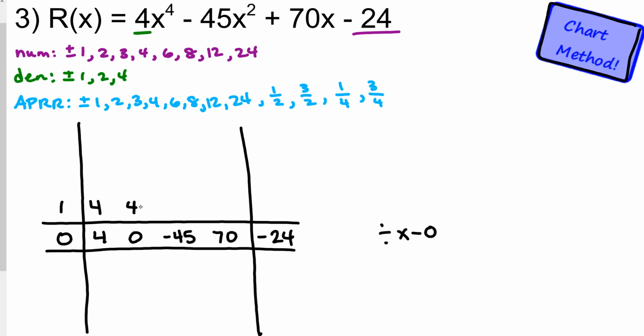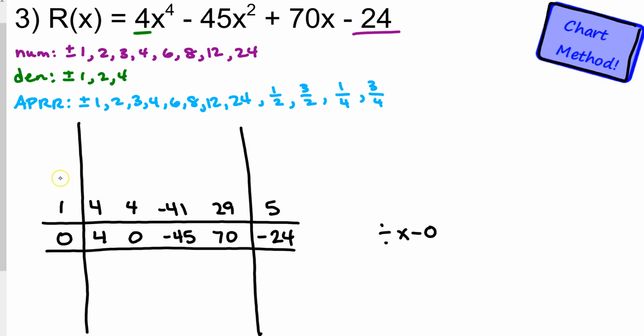Now that 4 times the number in the box is 4, plus the next number is going to be negative 41. Negative 41 times the number in the box is negative 41, plus the next number is 29. 29 times the number in the box is 29, plus the next number is 5. So the remainder is 5, so we do not have a root. But we did save a lot of space by just taking up a single row for that synthetic division.